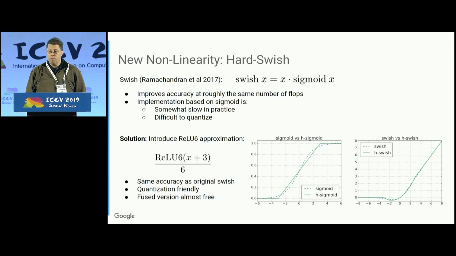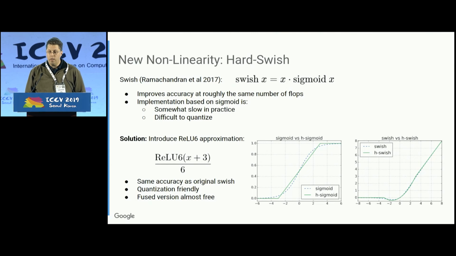Okay, in terms of MobileNet v3 building blocks, we introduce a few new components, one of them being the hard swish nonlinearity. This is building off of the swish nonlinearity, which is x times sigmoid of x, which is a nice one. It improves accuracy at roughly the same number of FLOPs. But in terms of implementation, sometimes it's slow in practice, depending on your setup, and sometimes it's hard to quantize.